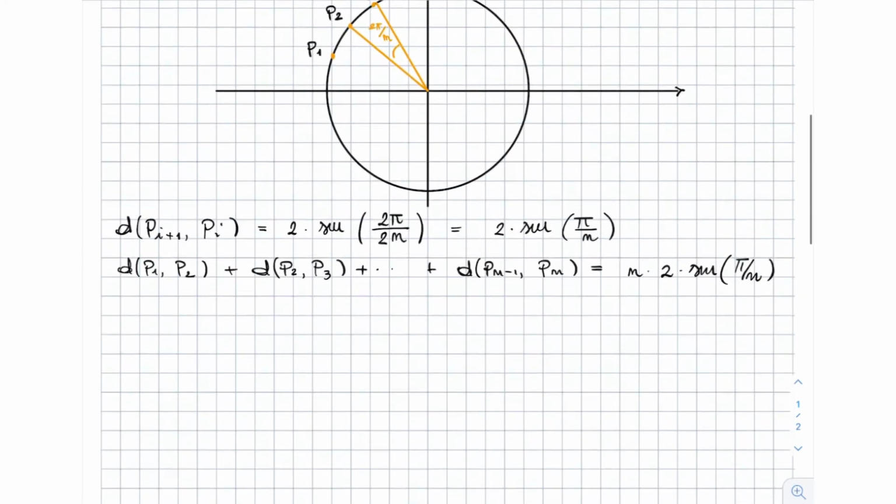Now I will place this n here at the denominator, and so I can rewrite this number as 2 pi times the sine of (pi divided by n) divided by (pi divided by n).